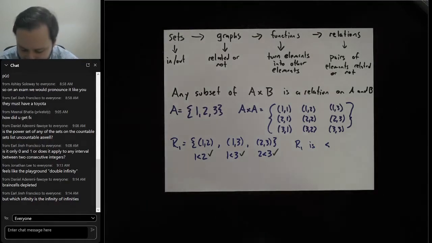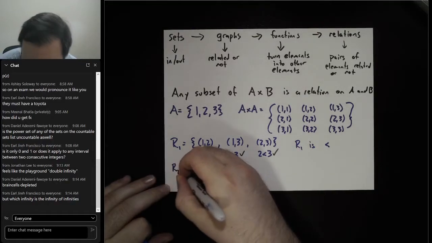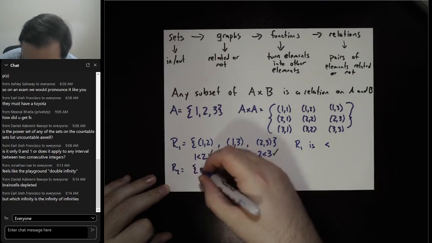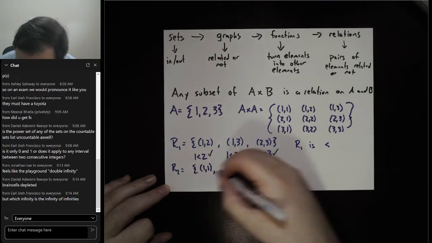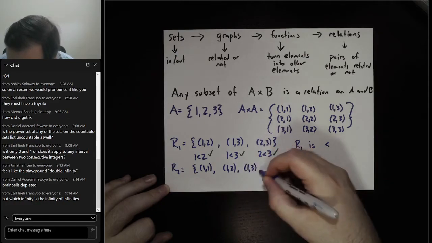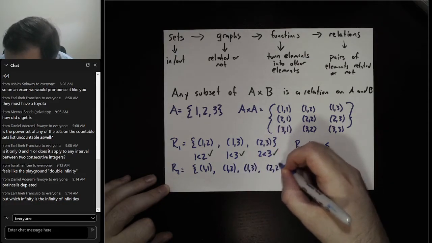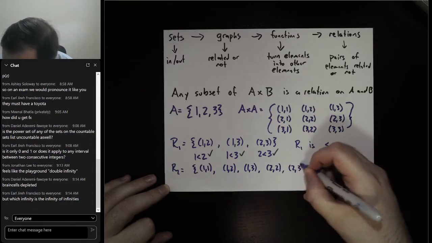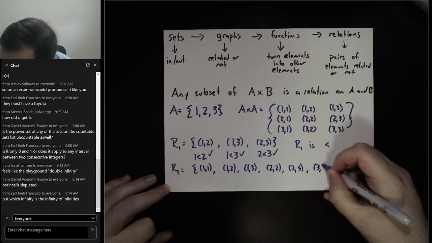So let me do another example. R2 is the set (1,1), (1,2), (1,3), (2,2), (2,3), and (3,3).